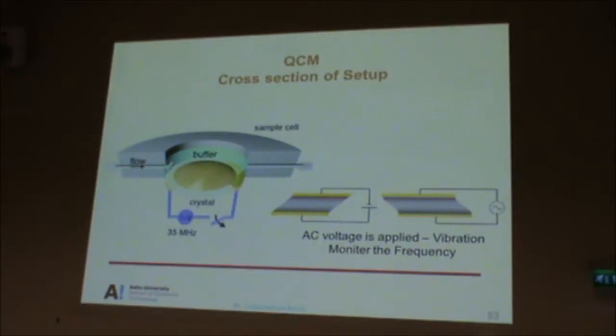Now you have a flow of liquid, and the flow is going out. If you subject this to some reactions where this flow is incoming with some chemicals that deposit on the surface, then you can register that as a change in frequency, in vibration, and that you can convert into mass information.